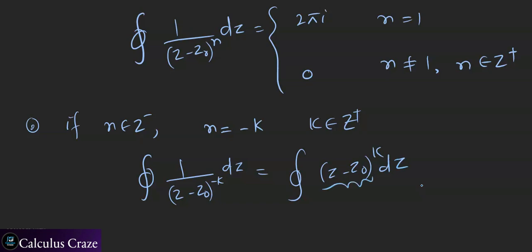But now this becomes a polynomial function, and this polynomial function is analytic on all the domains. So we can apply the Cauchy-Goursat theorem for simply connected domains, the very first version, and it gives me 0. So I can remove this restriction that n is from positive integers, it can also be from negative integers.